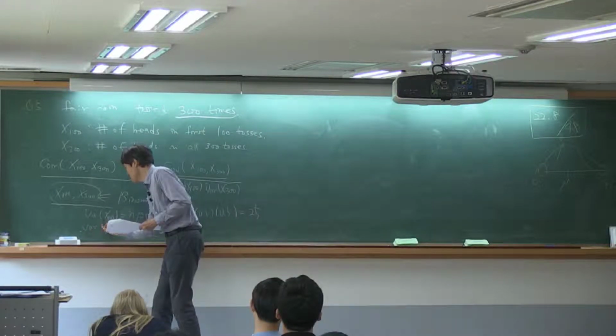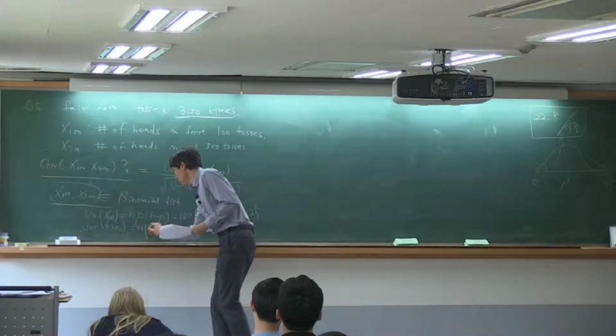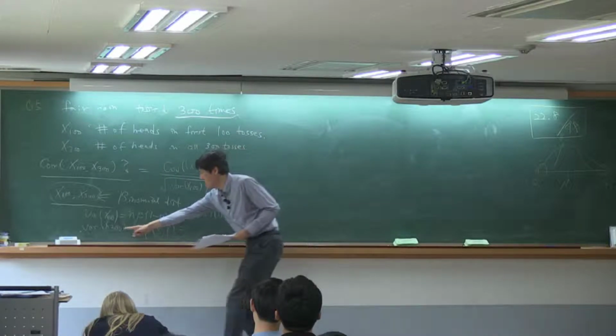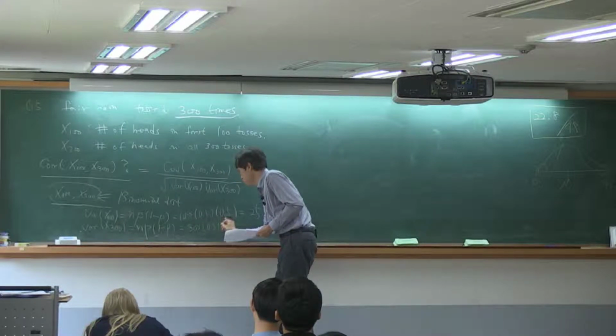Variance of X300 is np(1 minus p), p is 0.5, n is 300 times 0.5.